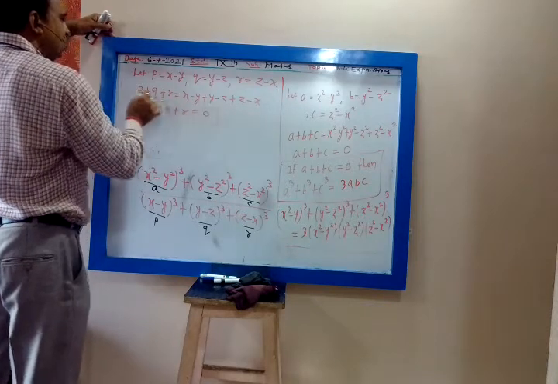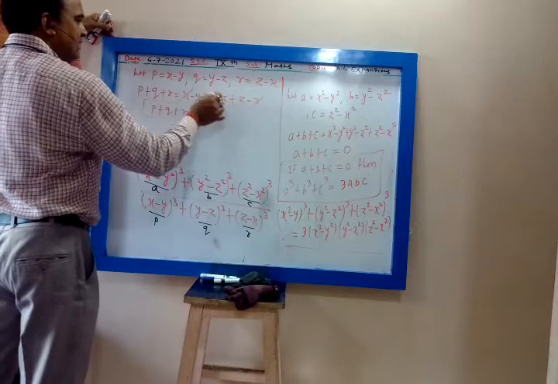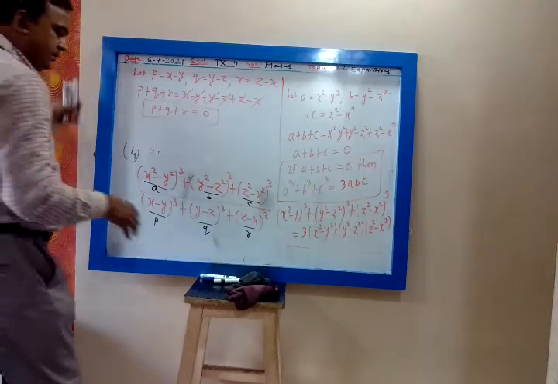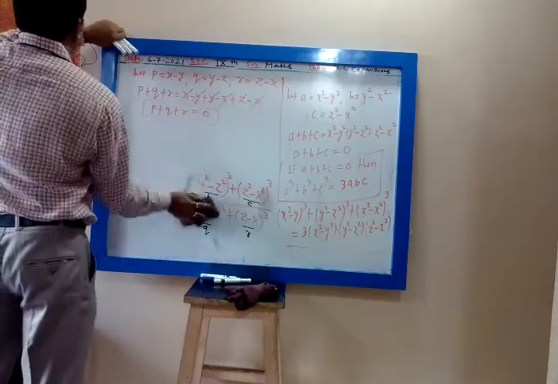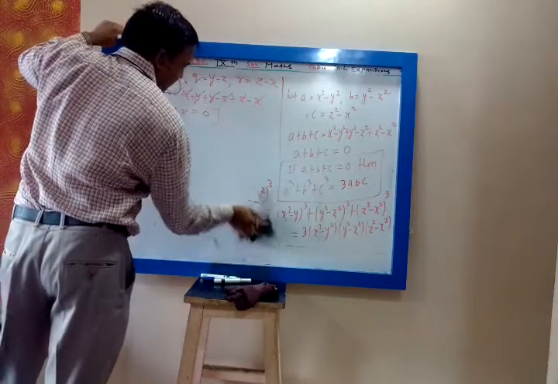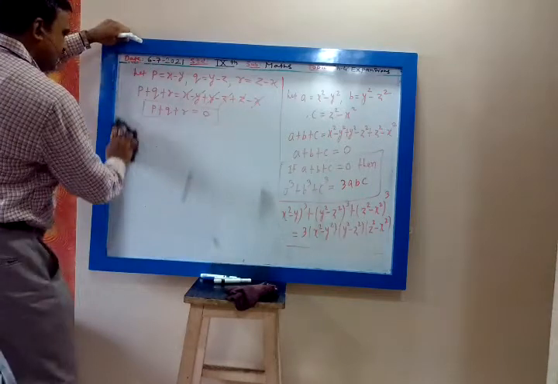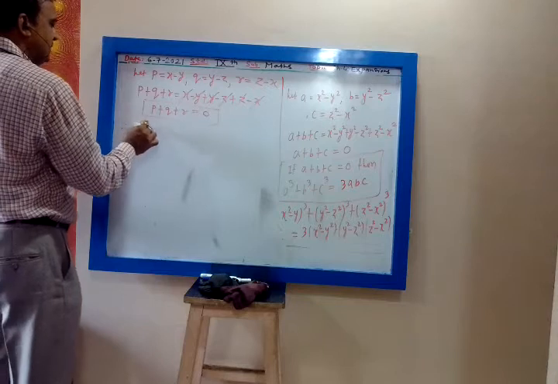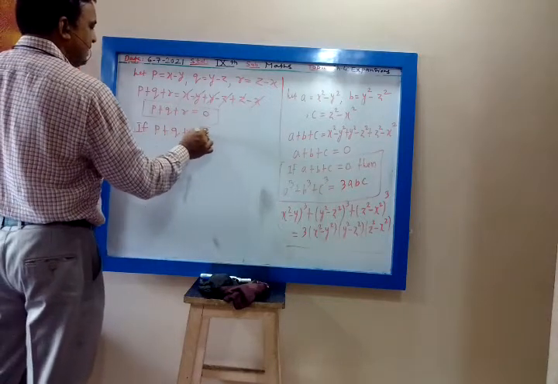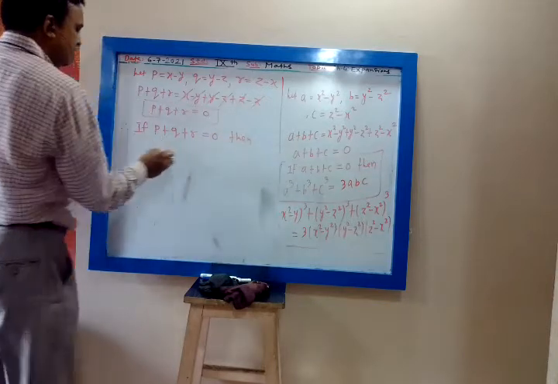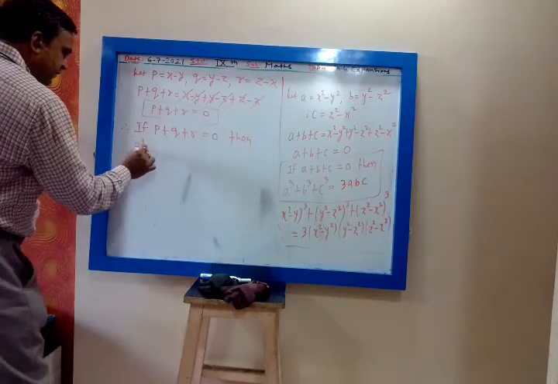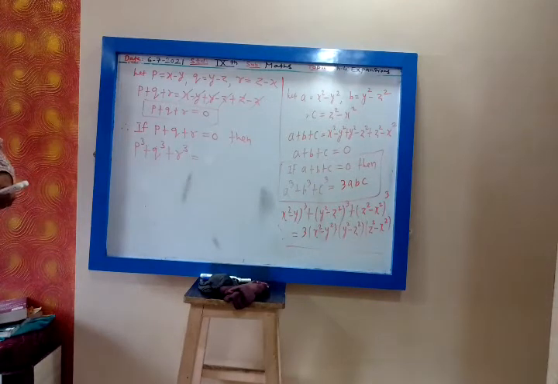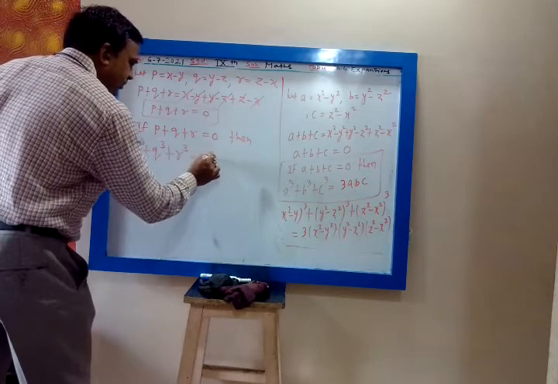P + Q + R is x − y + y − z + z − x. So P + Q + R is 0, because x cancels with −x, −y with y, z with −z. Since P + Q + R is 0, what is P³ + Q³ + R³? It is 3PQR.